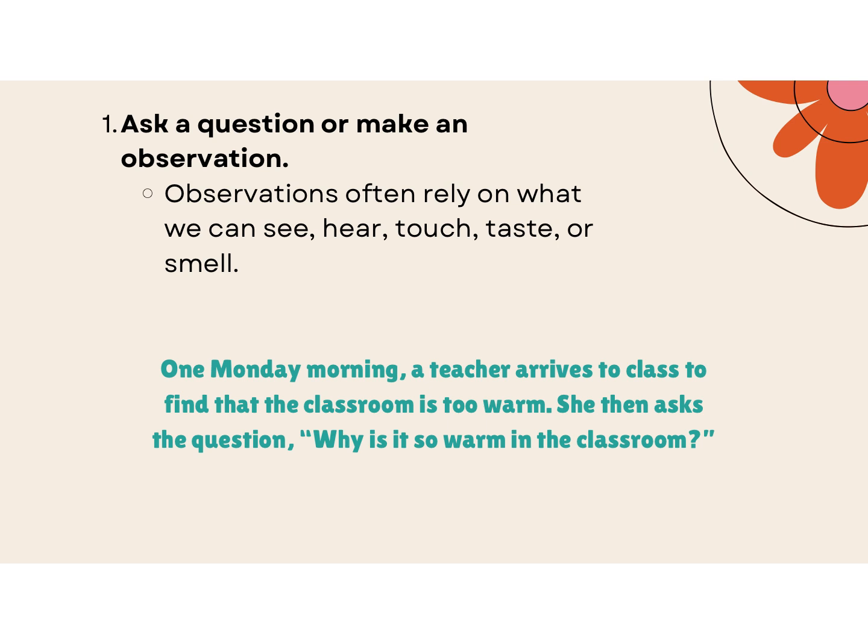For an example, let's say one Monday morning, a teacher arrives to class to find that the classroom is too warm. She then asks the question, why is it so warm in the classroom? Okay, so she is making an observation. She has sensed that it is warm in the classroom and she's wondering what's going on. Why is it so warm in the classroom?